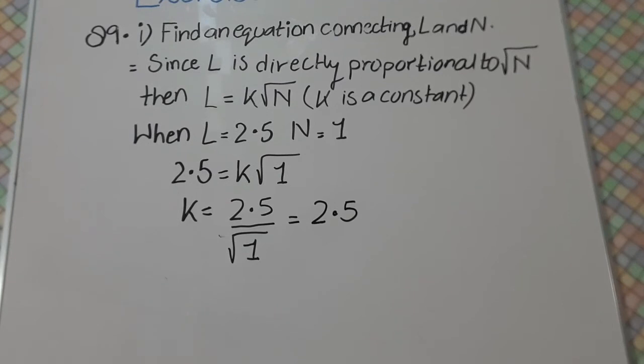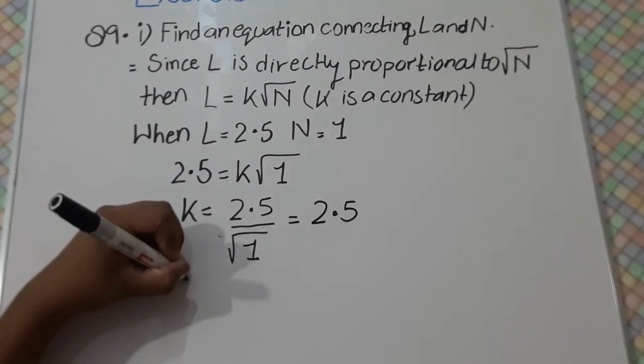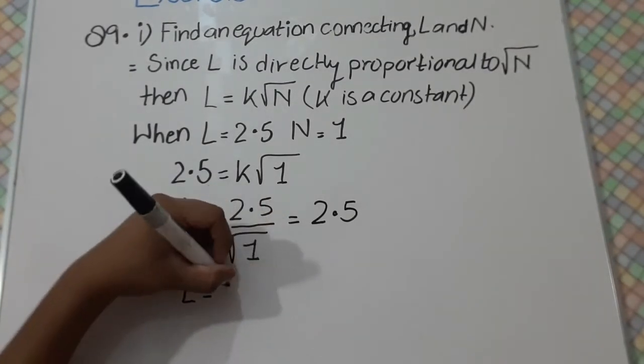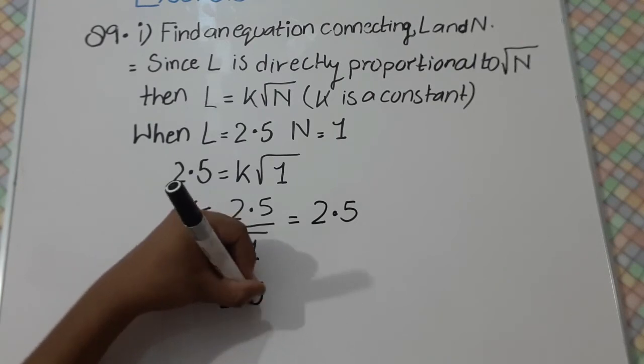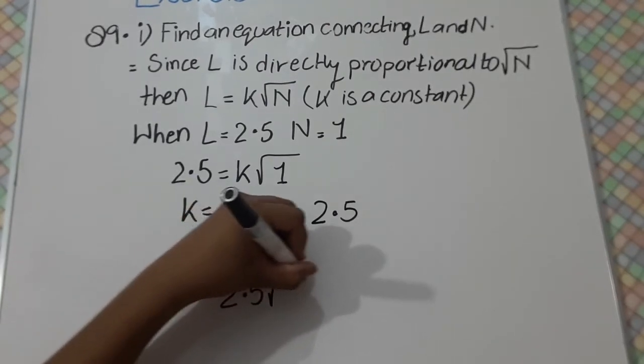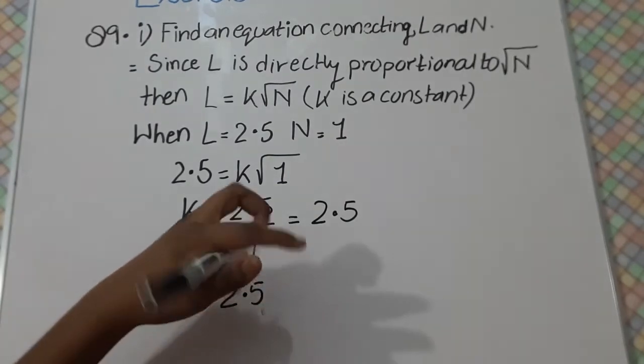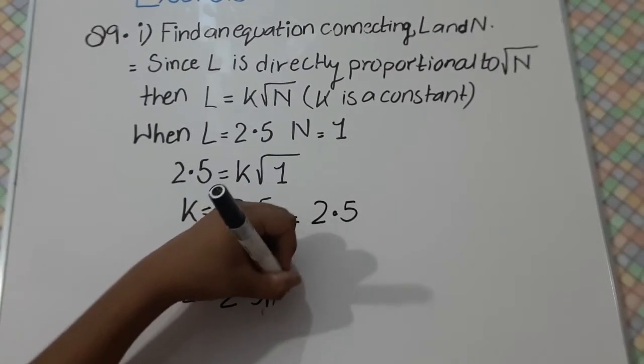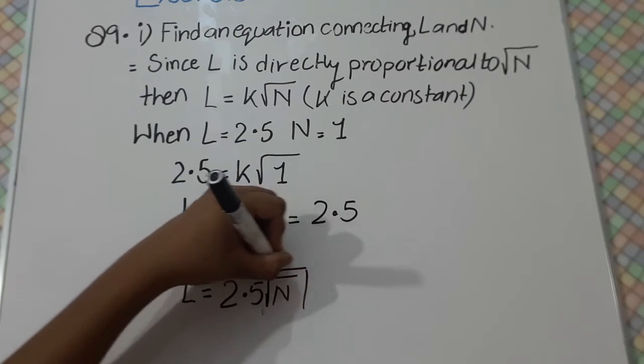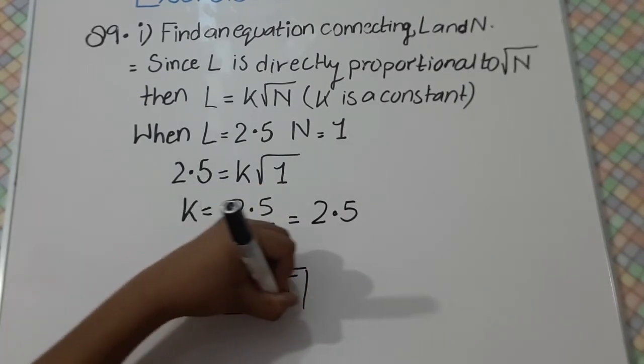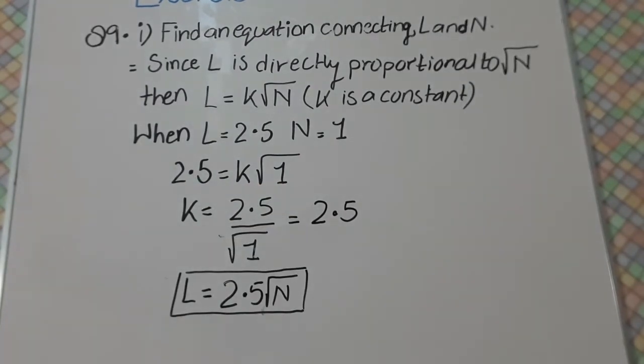And our main formula would be L equals the value of k, 2.5, and under root n. By using this formula, we are going to solve the next two parts of this question.